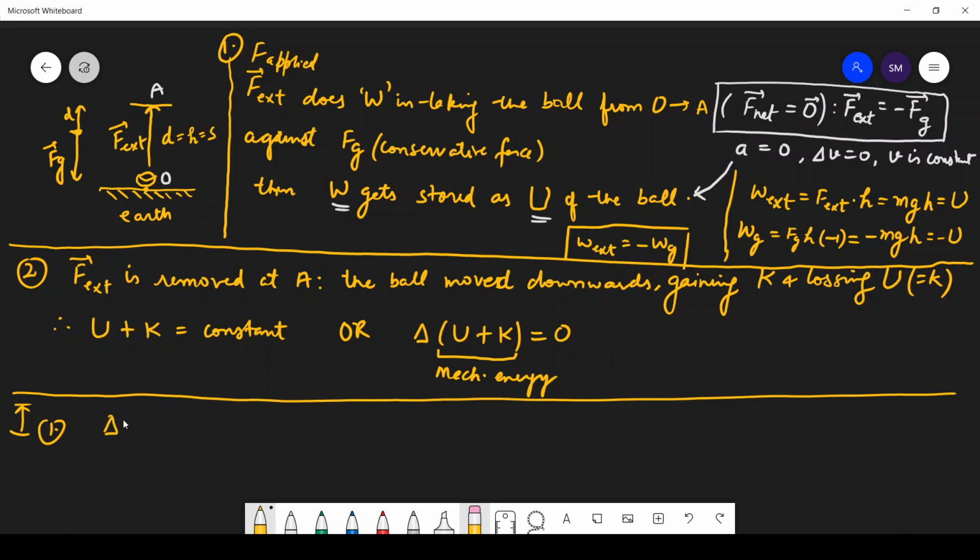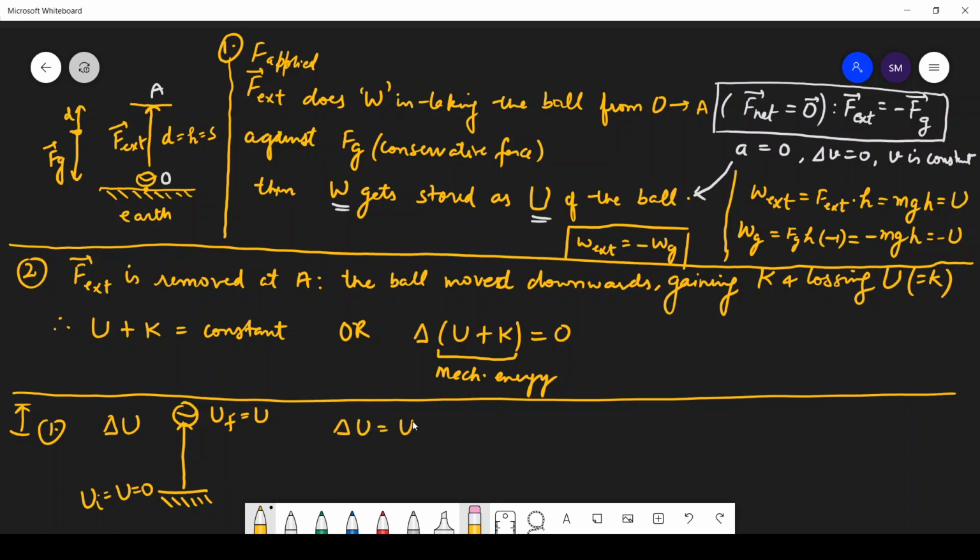What is the change in potential energy? So here on the ground, students, it is your choice where you take the potential energy as 0. So I am taking the potential energy on the ground as 0. So this is the initial point, initial potential energy, and the final potential energy I am writing as F. So what is the change in potential energy?